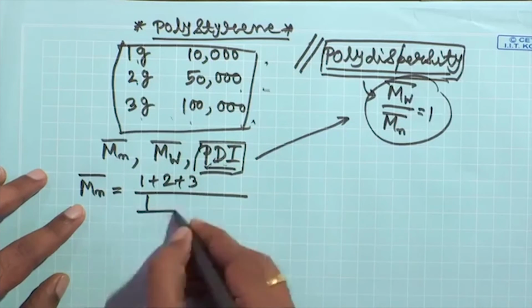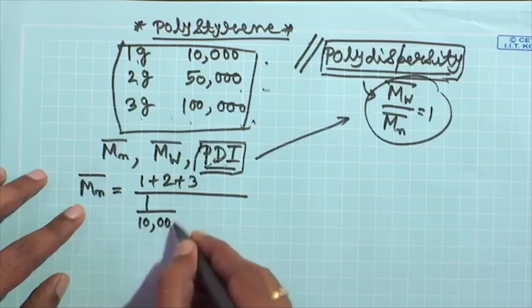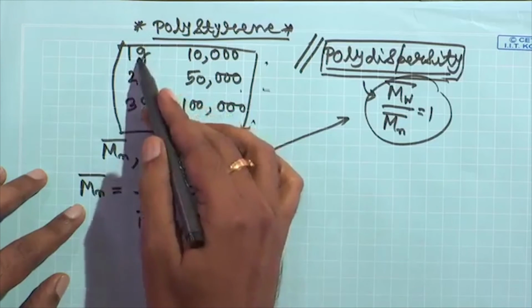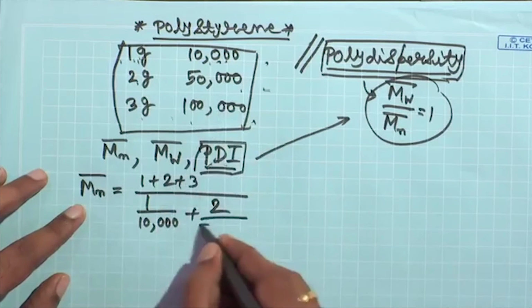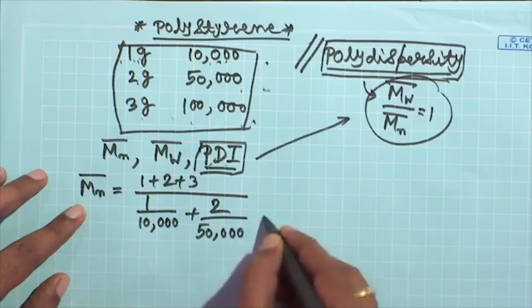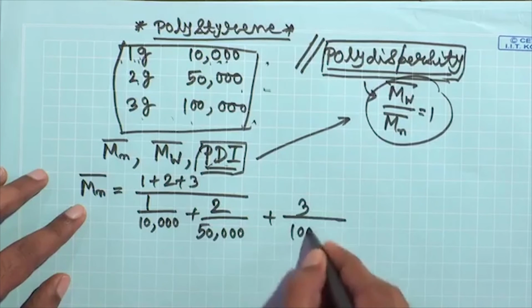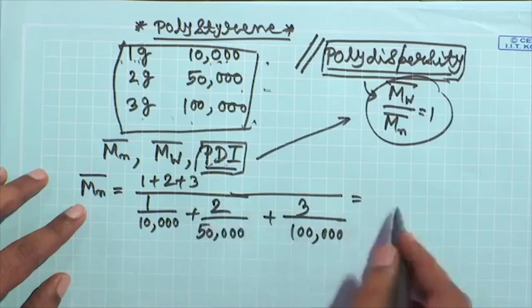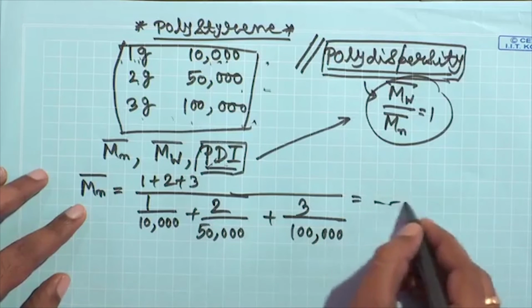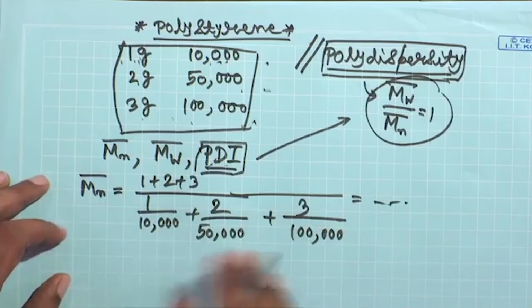So, this is 1 gram divided by 10,000, that is the number of moles, plus 2 grams divided by 50,000, plus 3 grams divided by 100,000. This value I have not actually calculated, you can calculate it. This is the value of Mn that you will get.